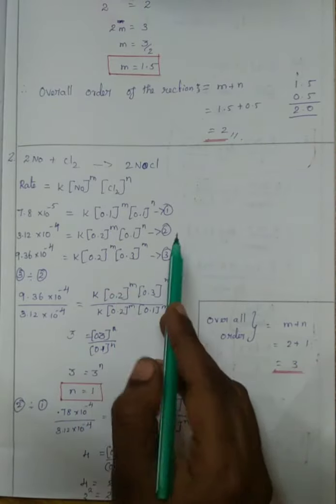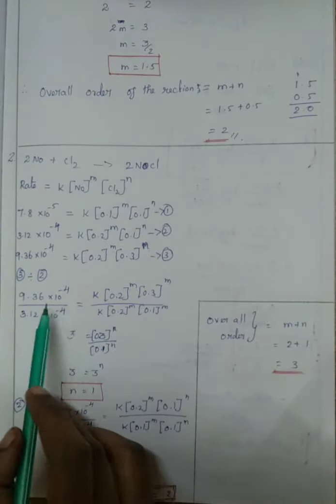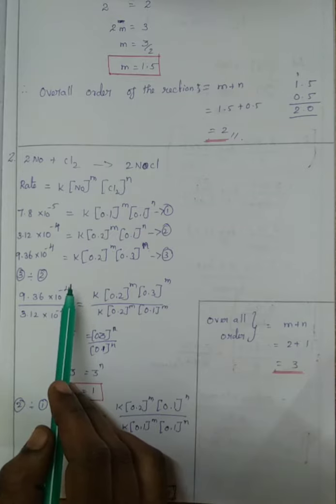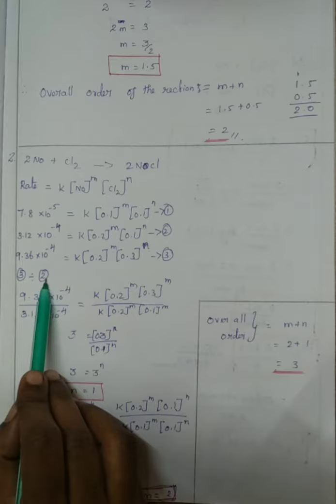To find the values of M and N, I am going to use different ways of dividing. First, the third equation is going to be divided by the second equation.